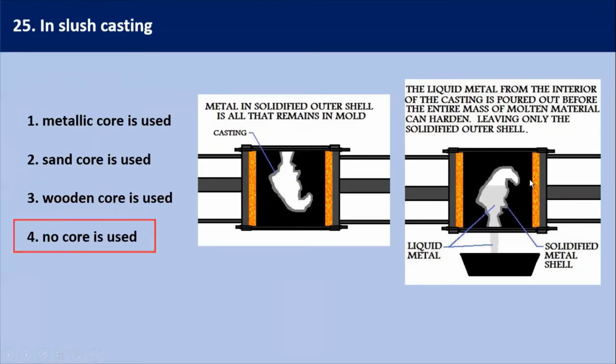This leaves behind in the mold a hollow thin wall casting with a good outer surface but very rough on the inner surface. And that's why in sludge casting no core is used even if you want to make hollow shapes.